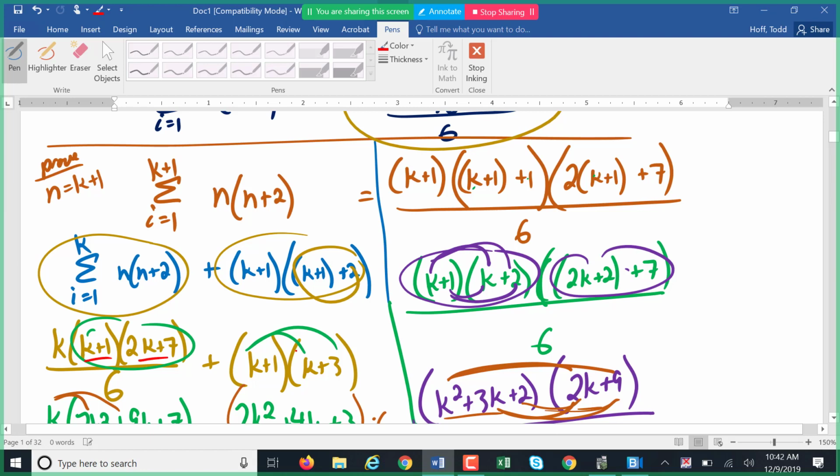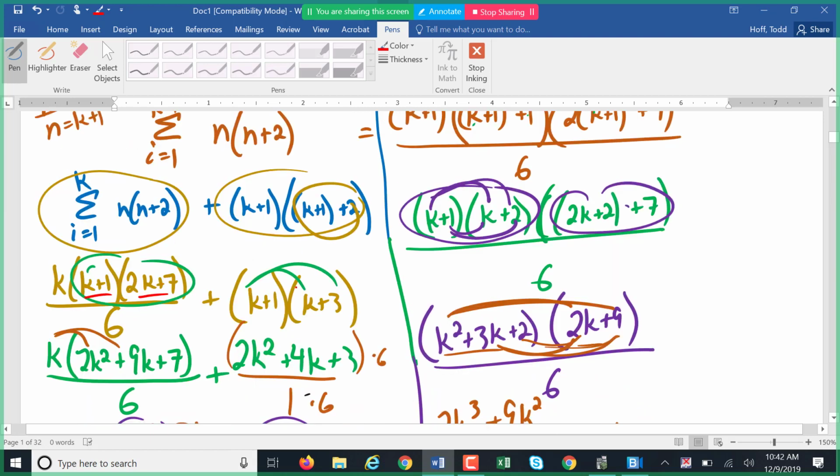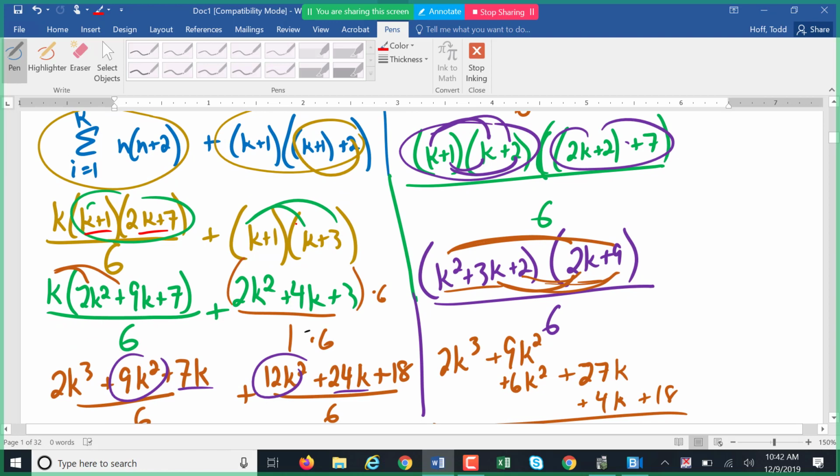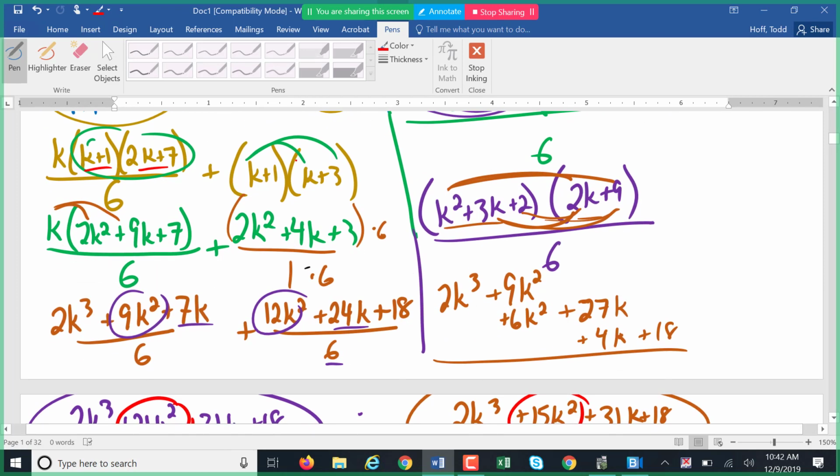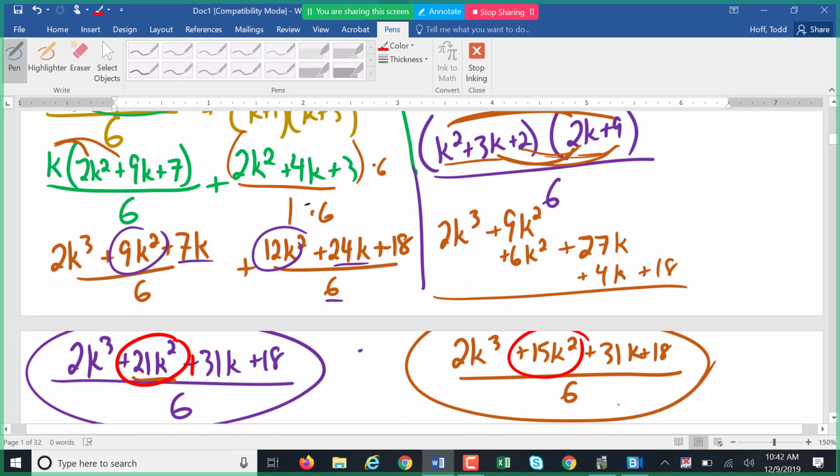So this is correct. There's 2k squared plus 9k plus 7. Let's see, make sure we got this right over here. k squared plus 4k plus 3.